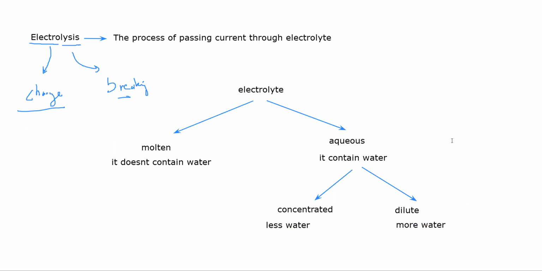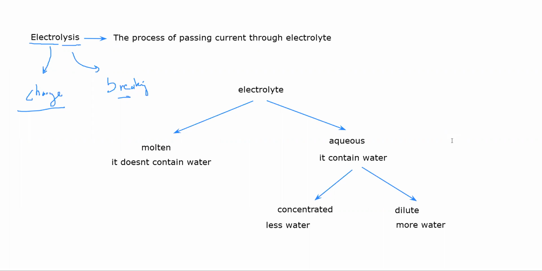If more water molecules are there, we call that a dilute electrolyte. If there is a very small quantity of water compared to the substance or salt, we call that a concentrated electrolyte.